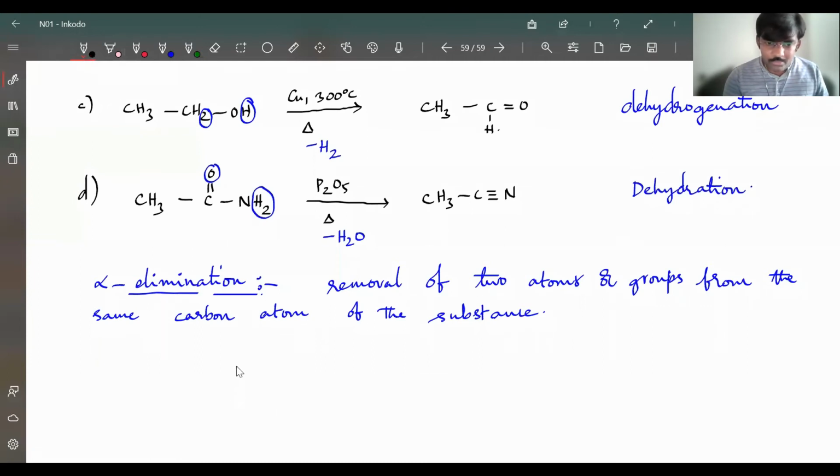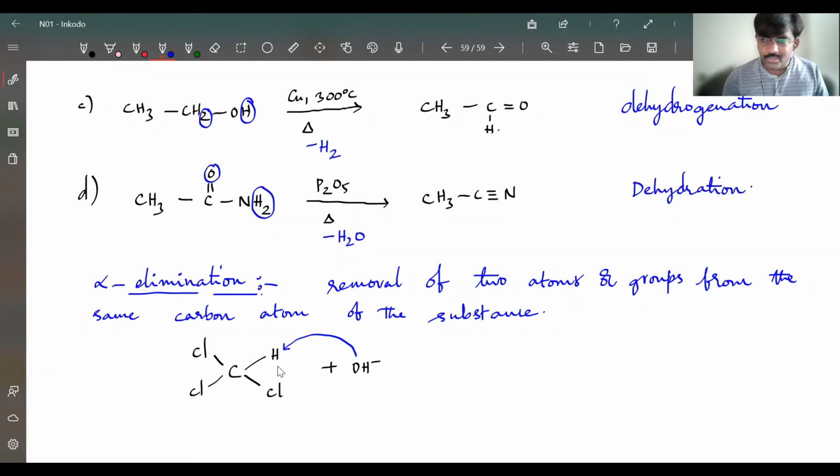I have a compound like chloroform, CHCl3. This is chloroform. When it is treated with OH minus ion, the OH minus ion will attack the hydrogen.